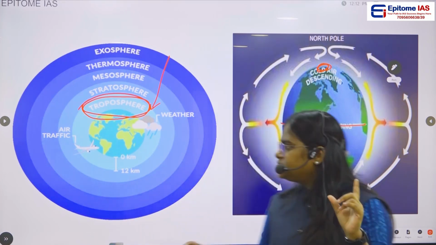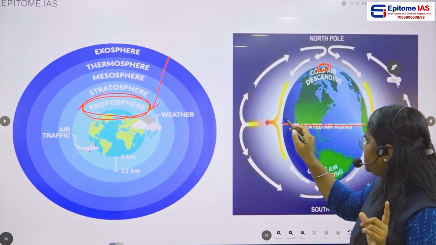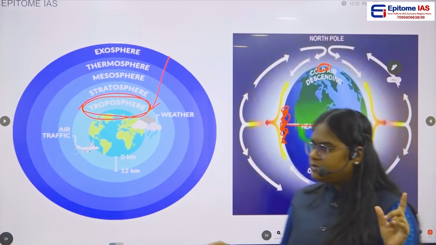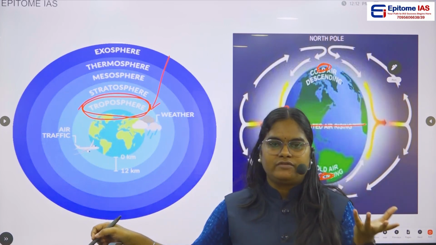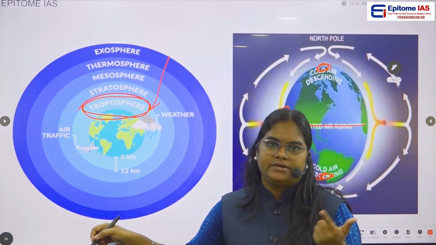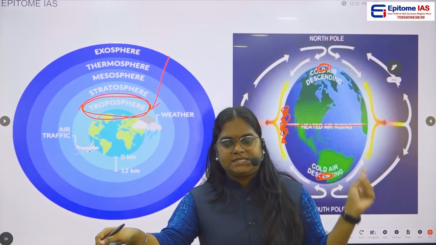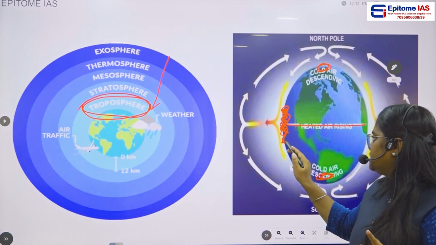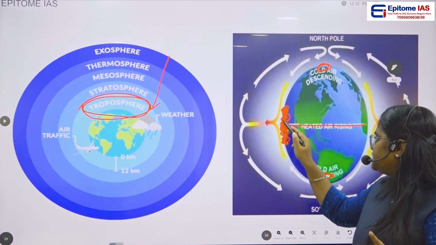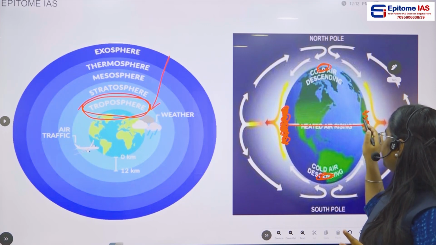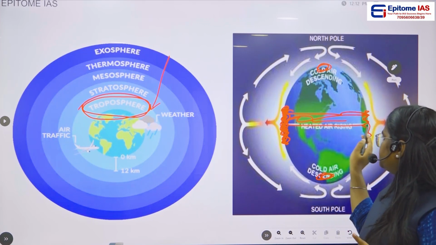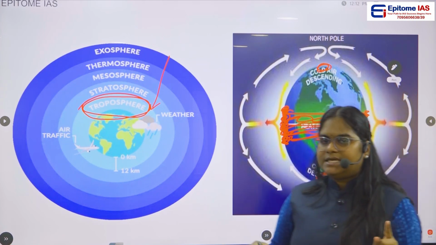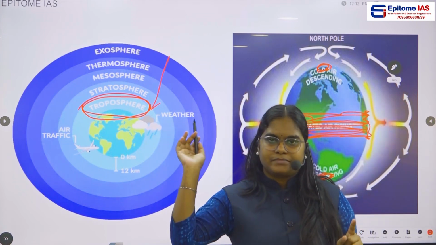That's why, let us say this is the equator, and this area around the equator is receiving more sun rays throughout the year, so it heats up the Earth's surface in that particular area. So this area of Earth's surface gets heated up more all throughout the equatorial region compared to the polar region.